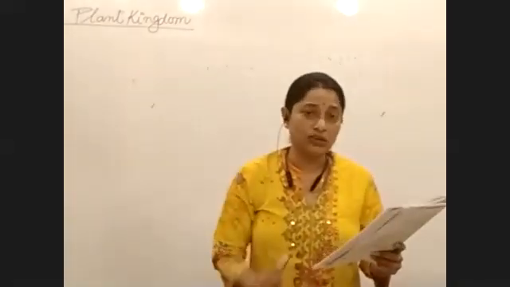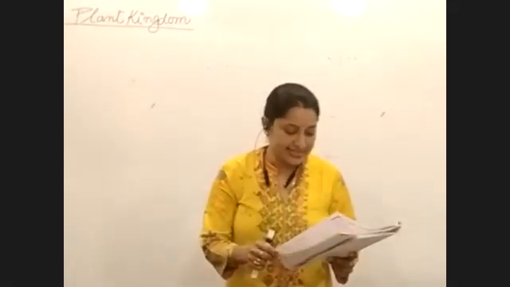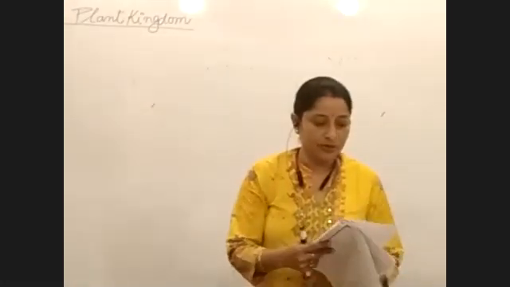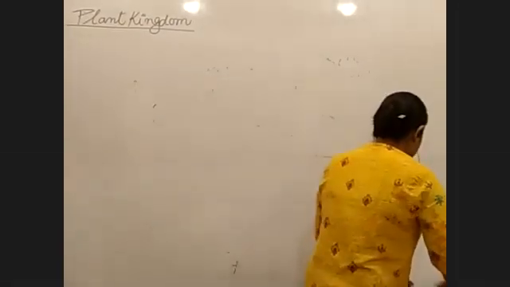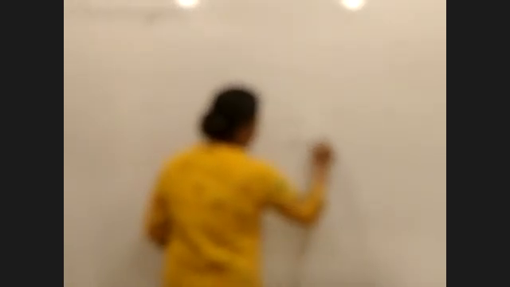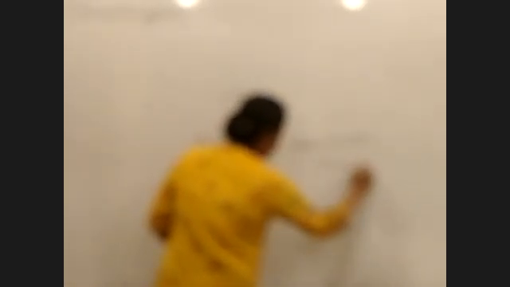Van Tieghem and Douliot, underline it, it's important. According to them, the stele is the central part of the axis of the plant of the vascular structures. Here they have used two words with stele. Stele, what it is we understood. How many types of stele are there? Not types, two words are used, that is intrastelar and extrastelar, right? So intrastelar tissues and extrastelar tissues, what do they mean? Which tissues do we call intrastelar and which do we call extrastelar?